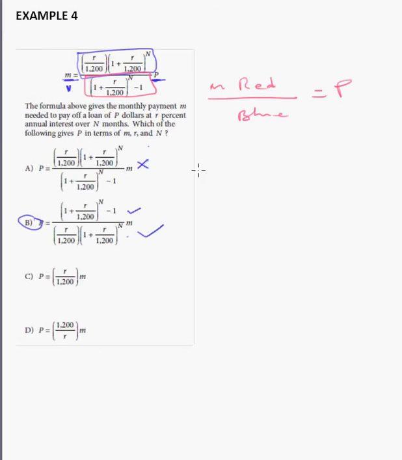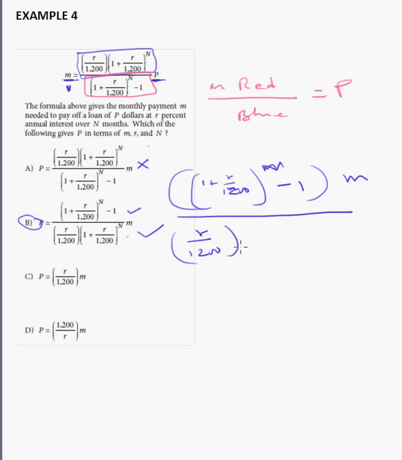So all you've got to do is cross multiply. I cross multiply, I get all this huge number here, 1 plus R over 1200 to the power N minus 1, and this is multiplying to M. And then obviously, I'm going to divide this by that big term, 1 plus R over 1200, also to the power N, times, of course, my M, and that is what the answer is.